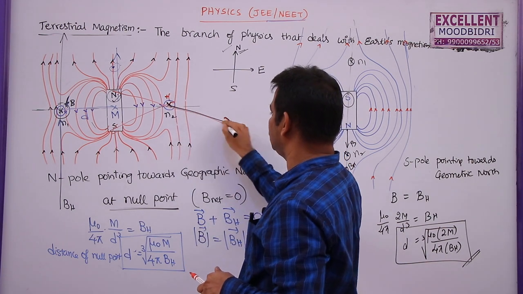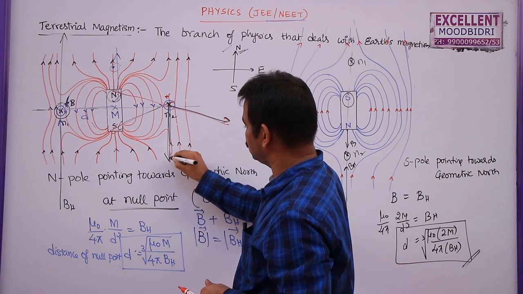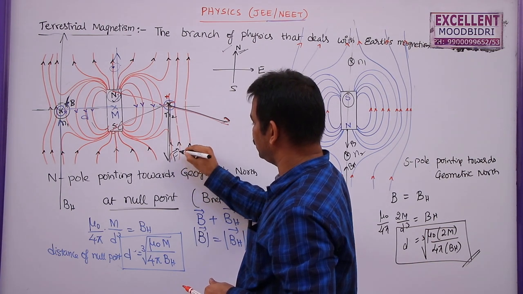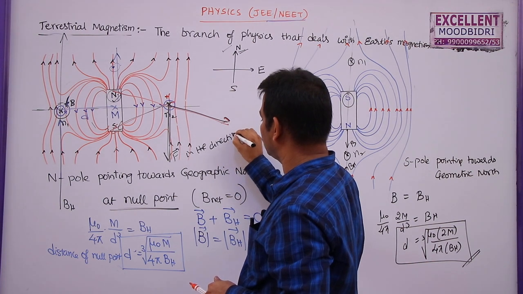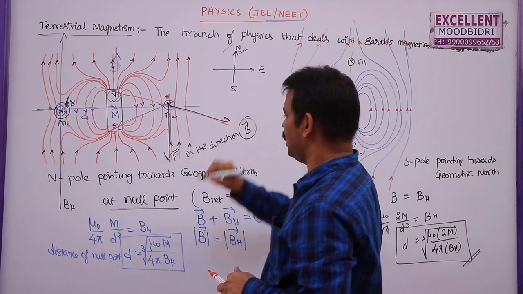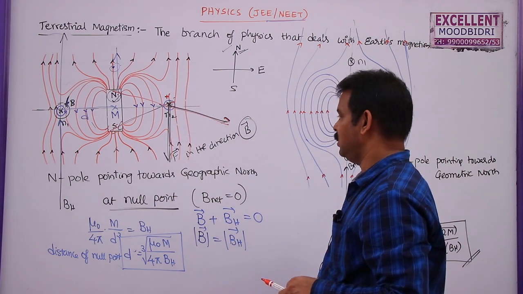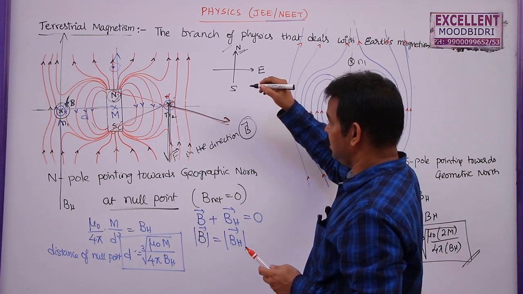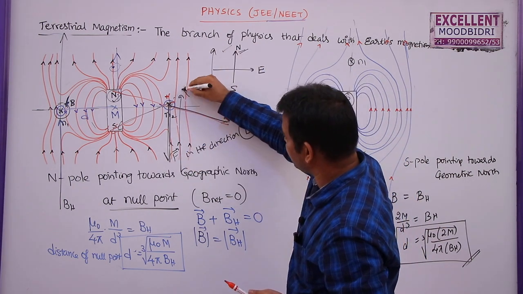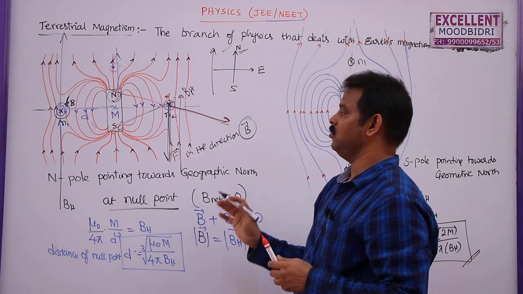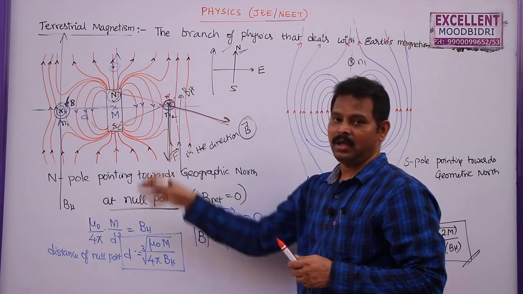So this is the repulsive force, this is the attractive force, this is the resultant force, and that resultant force always acts in the direction of B. So this is the magnetic field at this point. Similarly, we know that the earth's magnetic field always acts from south to north. Here, this is the direction of the BH value. So this is how you can find the direction of the field at the null point, whether it is on the equatorial line or on the axial line.